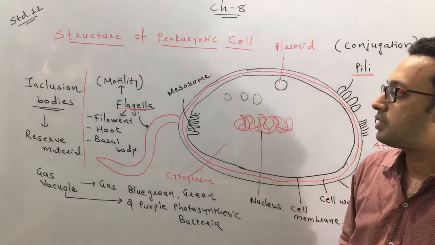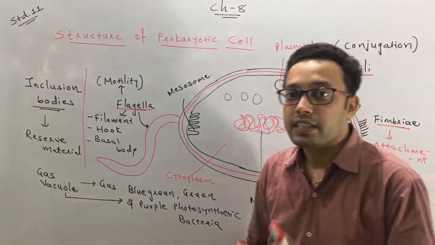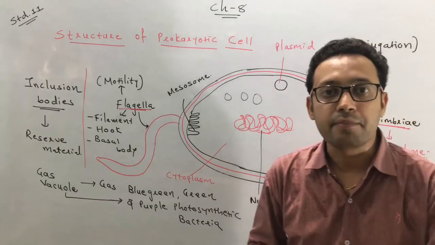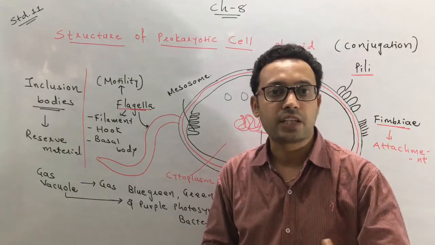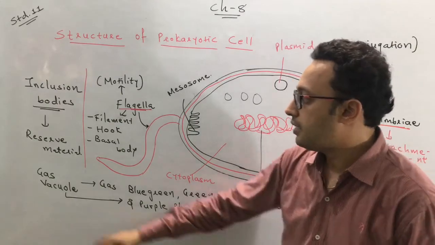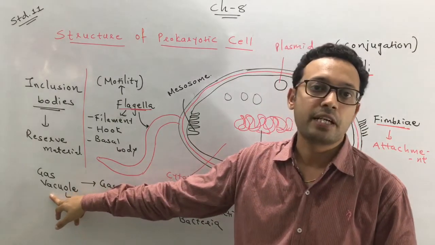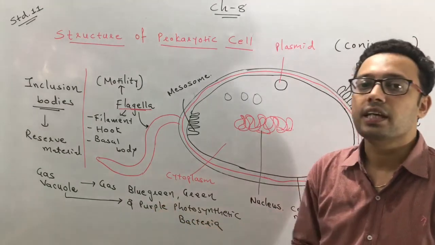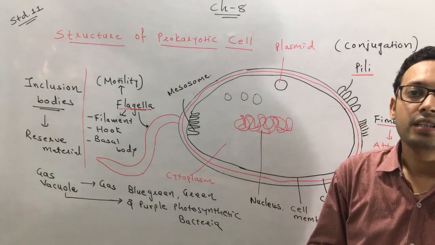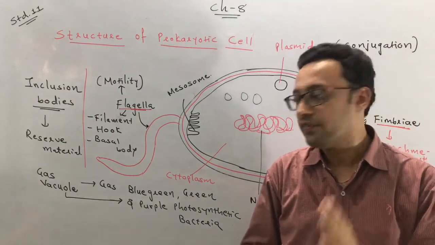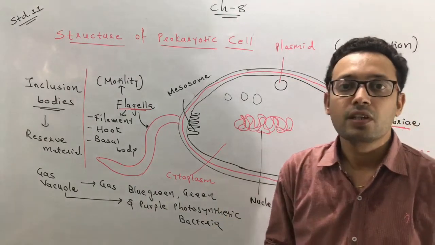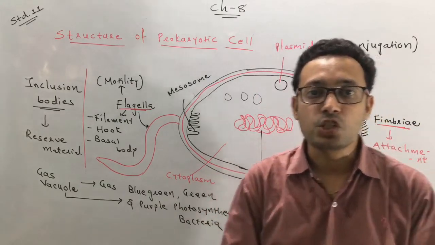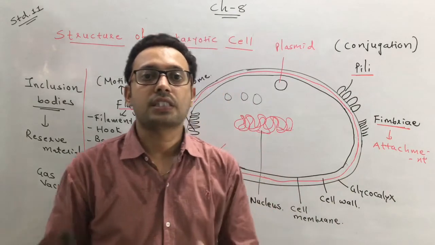They store reserve food material, and are named based on it, for example phosphate granule, glycogen granule, etc. Similarly, a few bacteria possess gas vacuoles which store gas, found in blue-green, green and purple photosynthetic bacteria. So this is about inclusion bodies, and here we finish with the prokaryotic cell.